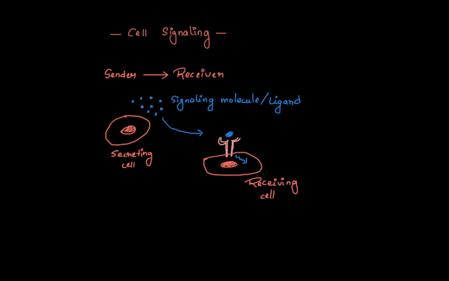Now, if we take a deeper dive into various kinds of signaling, there can be three different kinds of signaling. So the first one would be autocrine signaling. So mind it, we are talking about types of signaling.